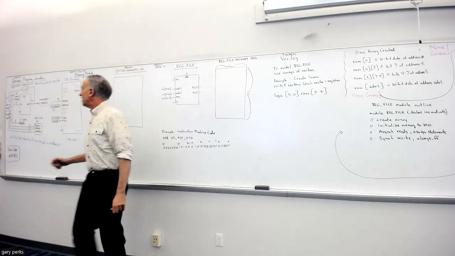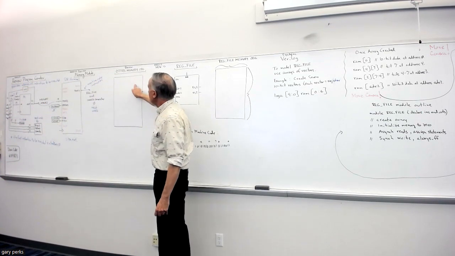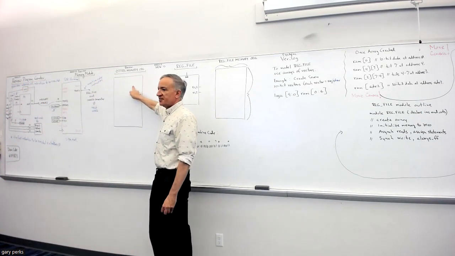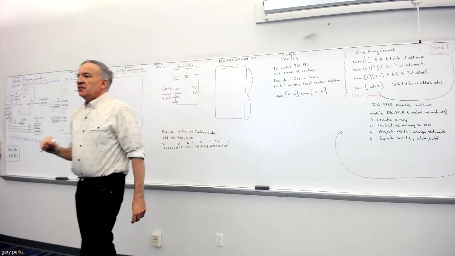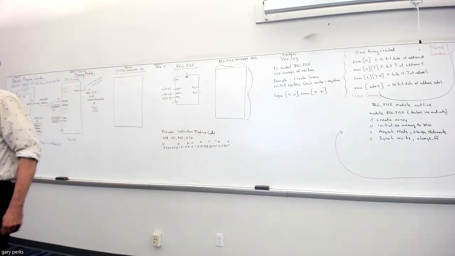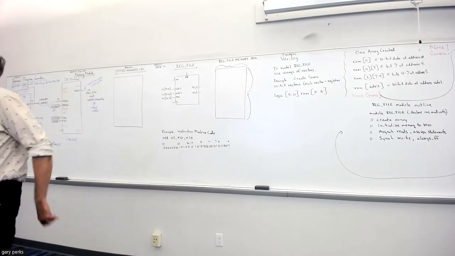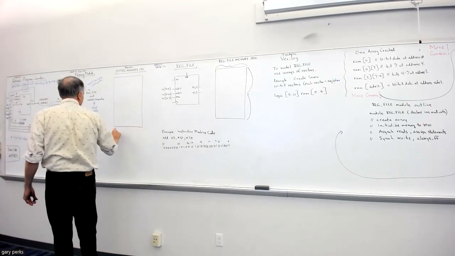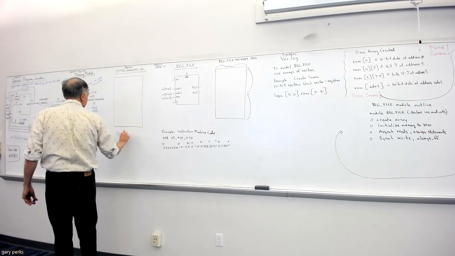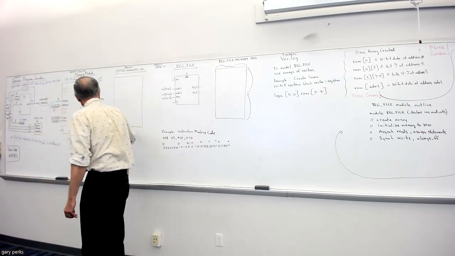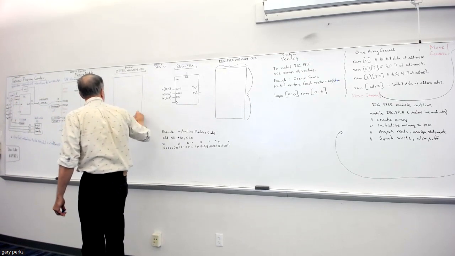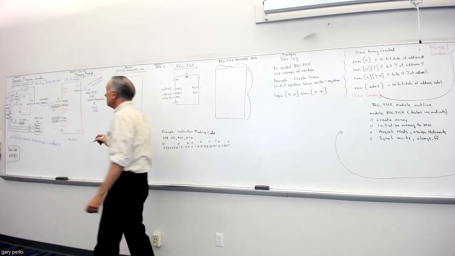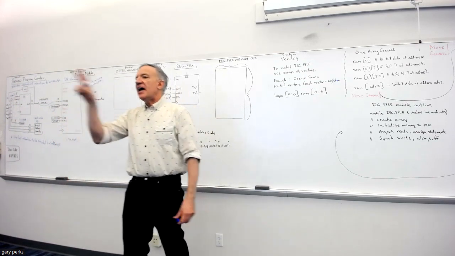Another thing we talked about is how the Otter memory is organized. How many bit words do we have? 32 bits. It's organized as 32 bits, so we made this diagram where each row is 32 bits. And how is it addressed?